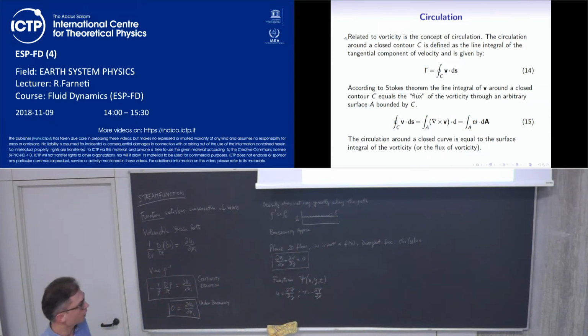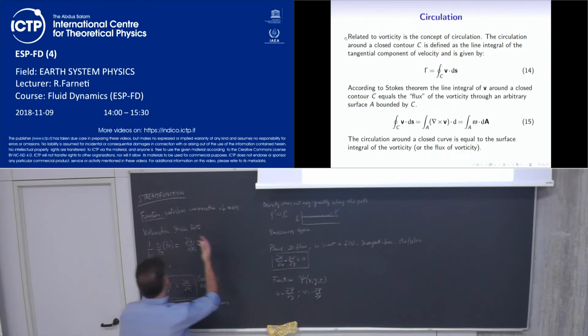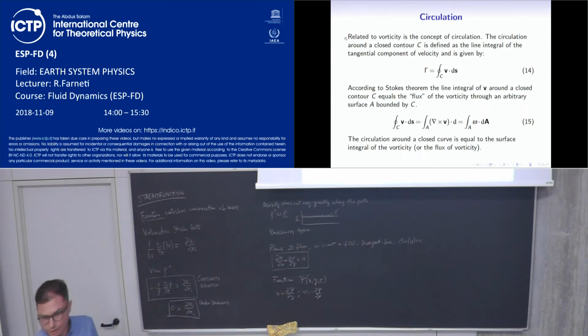If I define my function psi this way, the continuity equation is automatically satisfied. I defined psi that way because I started off by saying that I want to define a function that satisfies the conservation of mass.